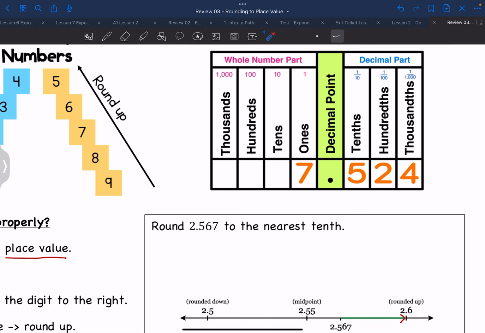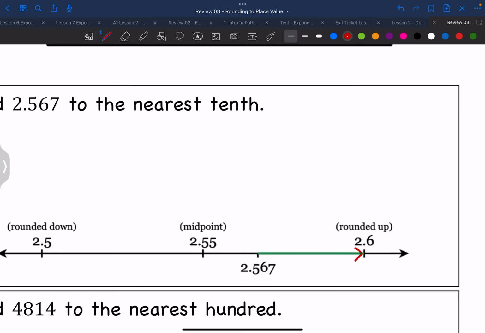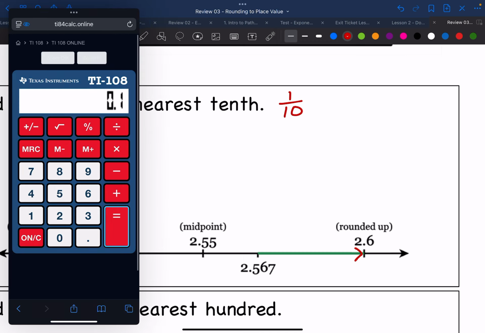Or if it helps, this is a trick that you can take with you. The 10th place is really just 1 over 10. So if you ever forgot where the place value is, you just do 1 divided by 10, press enter. Do you see how we have 0.1? Where that 1 is, that's where you're going to round to.